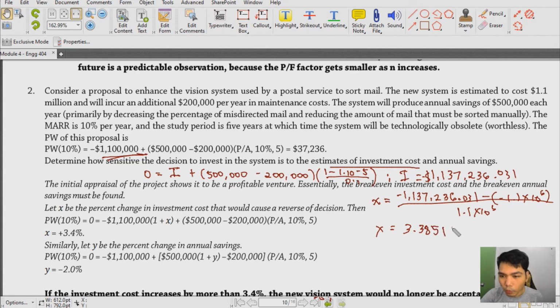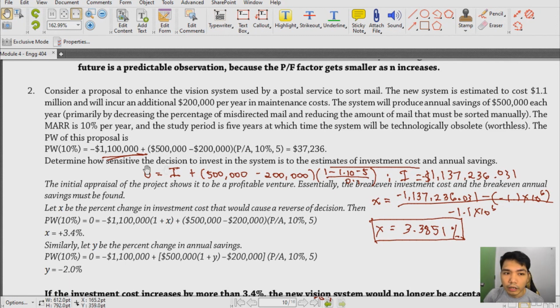So that this should be negative. Okay? So basta it only means na yung ating x, if you try to have a 3.3851% increase in the investment cost, then you are to expect na yung inyong present worth would be equal to 0. So ganun lang yung nangyari sa sensitivity analysis in this case.